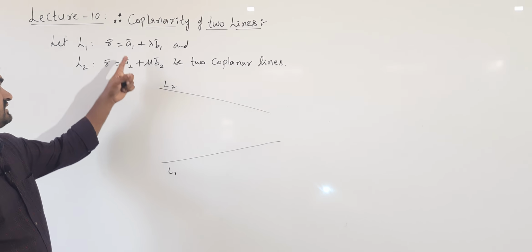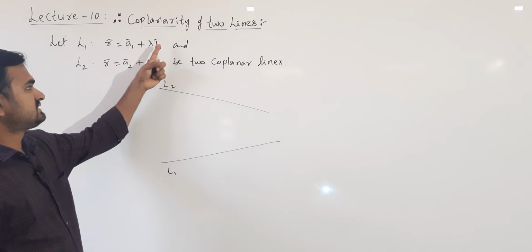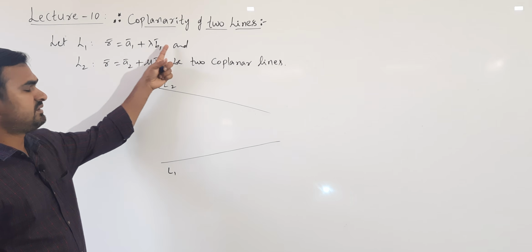So what is the meaning of the first line r bar equal to a1 bar plus lambda b1 bar? It is passing through the point with position vector a1 bar and parallel to the vector b1 bar. So the first line is passing through the point, suppose A, with position vector a1 bar, and the second line is passing through the point, suppose B, with position vector a2 bar.